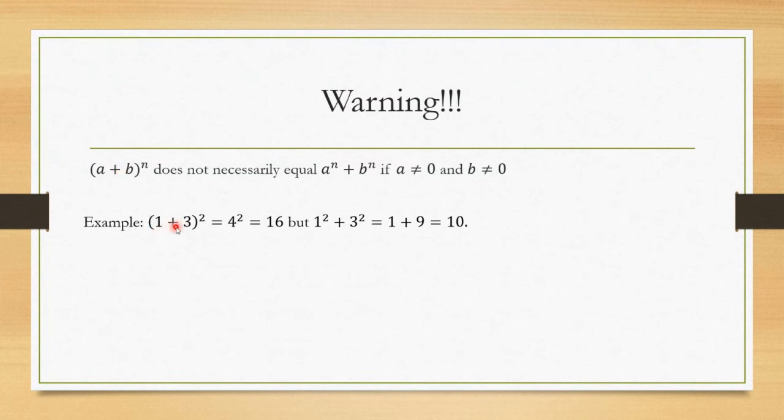And actually, that's what I'm showing you here. If we have 1 plus 3 squared, well, that's equal to 4 squared, which we know is 16. But 1 squared plus 3 squared is equal to 1 plus 9, which is 10. So these two are not the same, in other words. So you have to be extra careful when you have addition here.